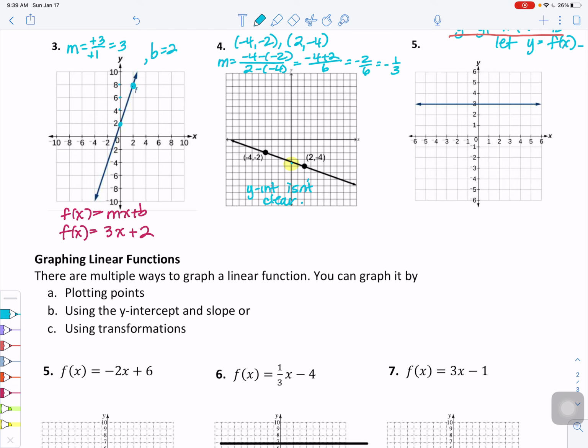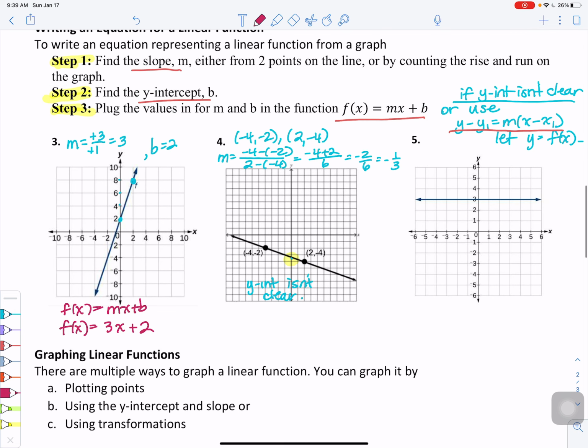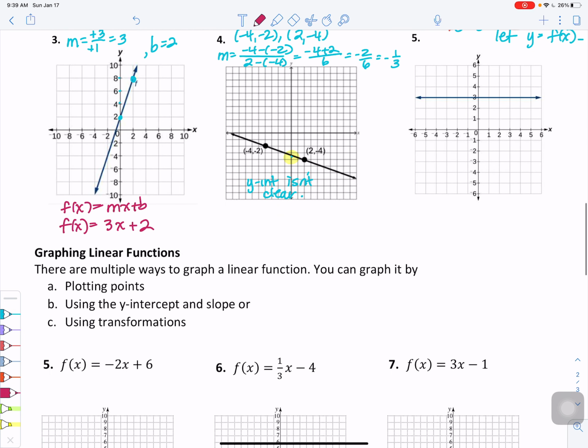Now we can use this alternate equation when b isn't clear. We have y minus y1 equals the slope times x minus x1. It's really good that you have a point ready to go. You can pick either one. I'm going to choose 2, -4, and our slope is -1/3. So we have y minus the y value equals the slope times x minus the x value.